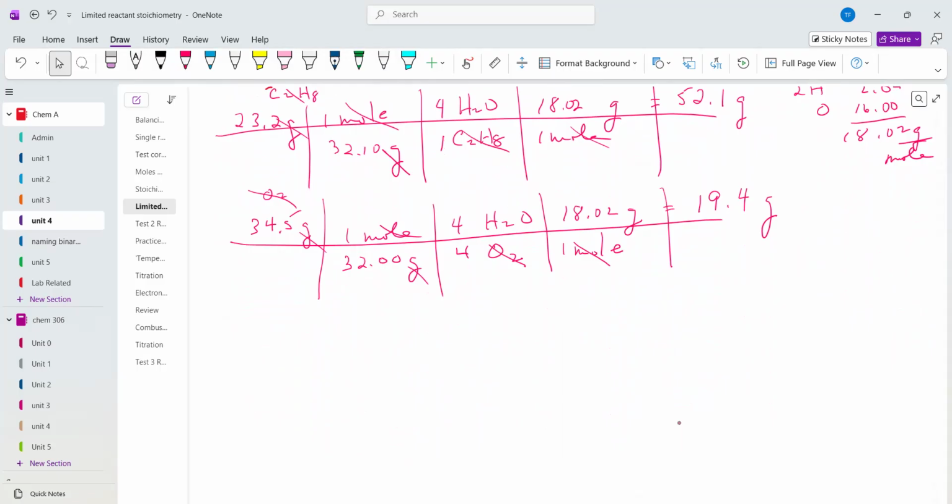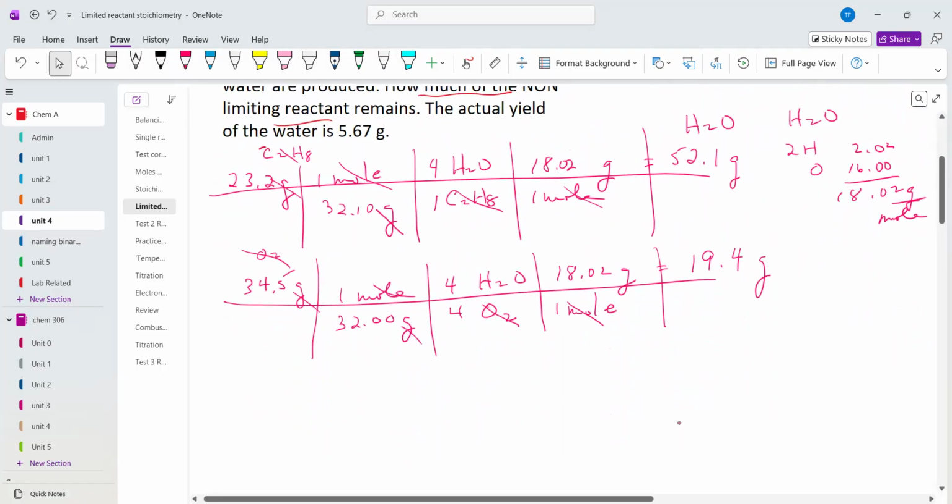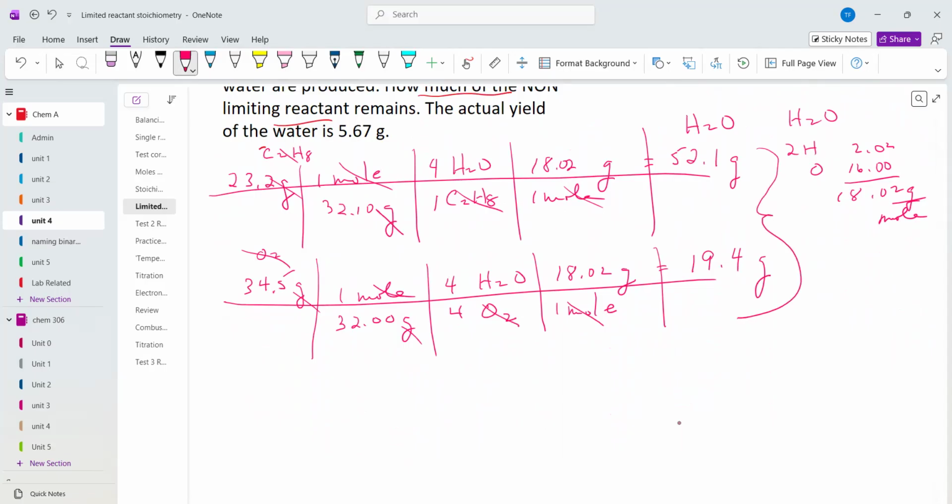So this series of calculations determines the limiting reactants. You have to do both of them. And you can't eyeball it either.